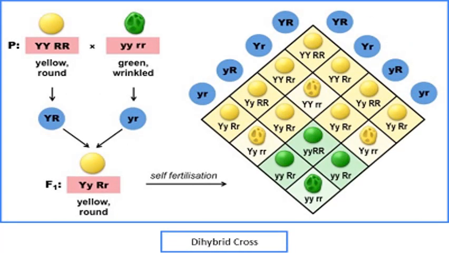You can see this. This is called a Punnett square. You will find three triangles in this diagram, which represent the ratio 9:3:3:1, and this is the phenotype.